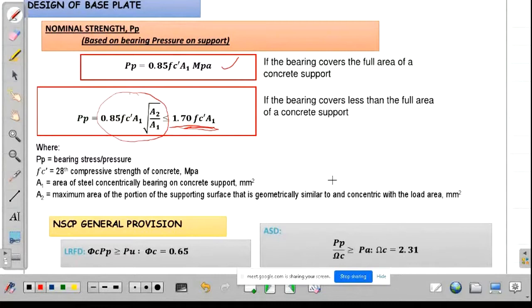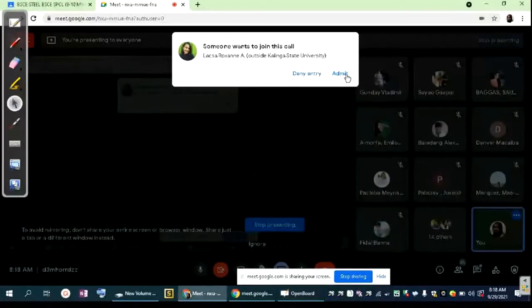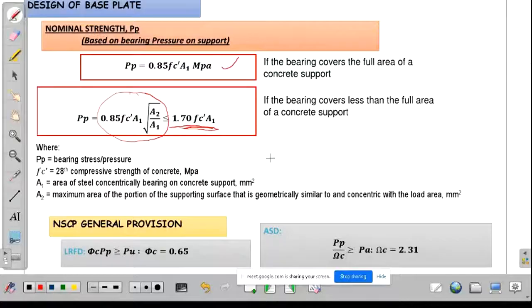So yung A1, we have the area of steel concentrically bearing on concrete support. And then yung A2 natin is the maximum area of the portion of the supporting surface. So, i-discuss natin mamaya itong area, paano pagkuha ng A1 and paano pagkuha ng A2.